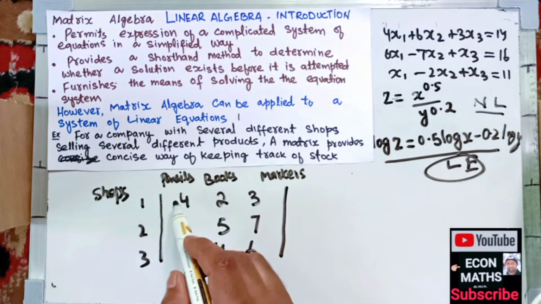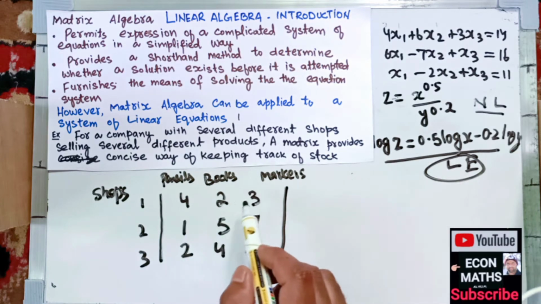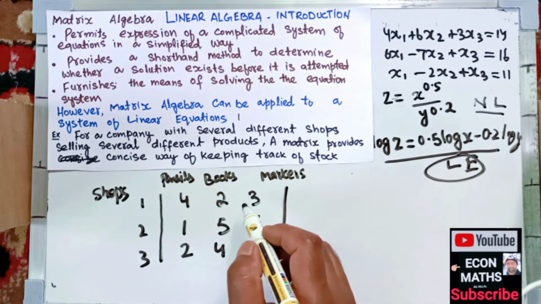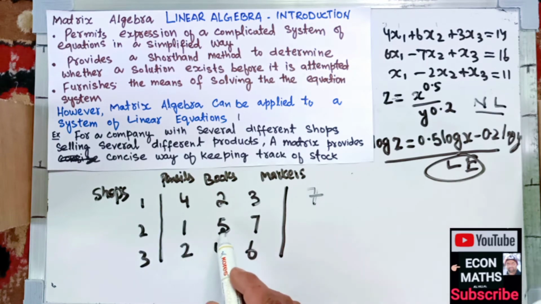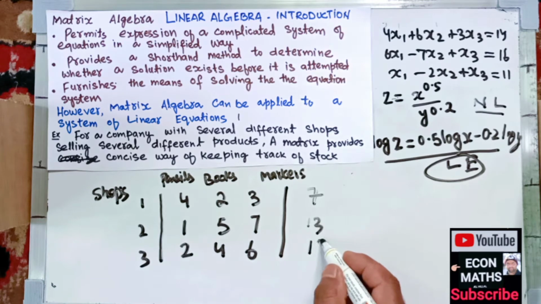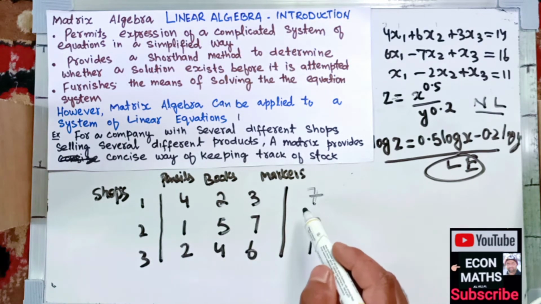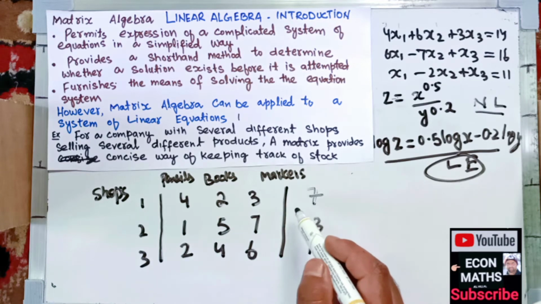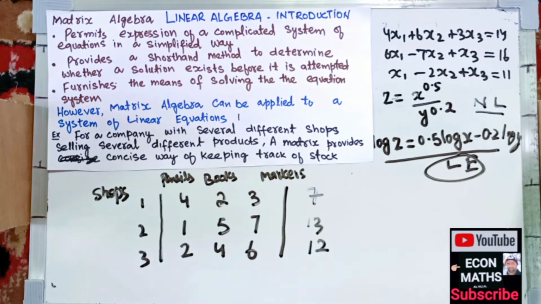Now, here we can see in the first shop, the total level of stock is 4 plus 3 plus 2 is 9. Similarly, in shop 2 we have 5 plus 1 plus 7, that is 13. Similarly, here 2 plus 4 is 6 plus 6 is 12. So by reading across the matrix, the company can determine the level of stock of any of its shops.